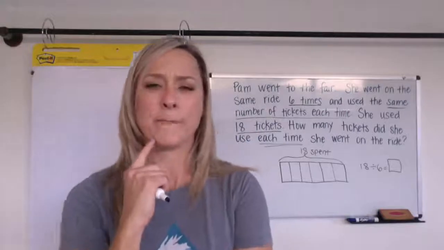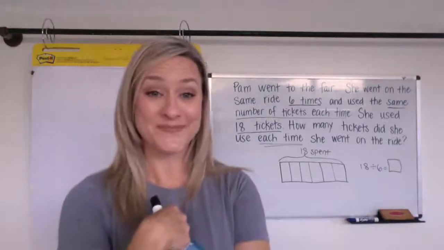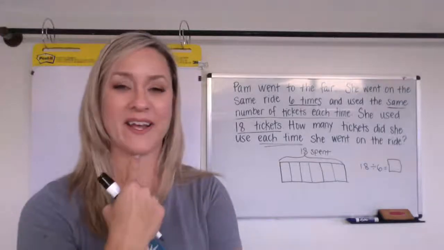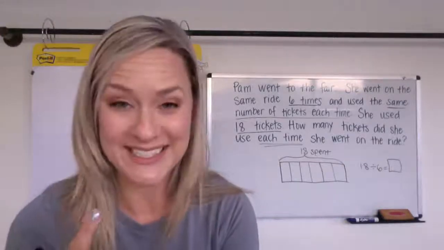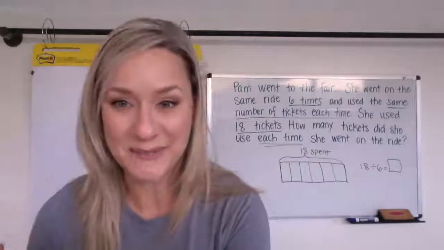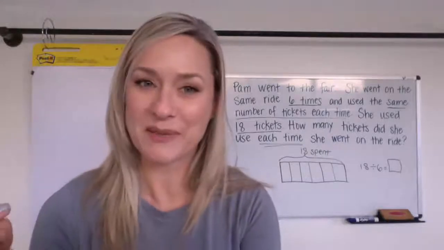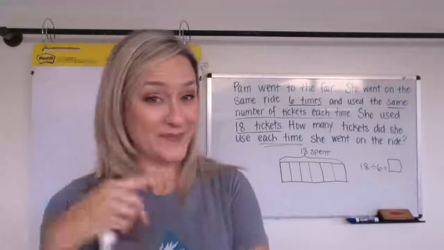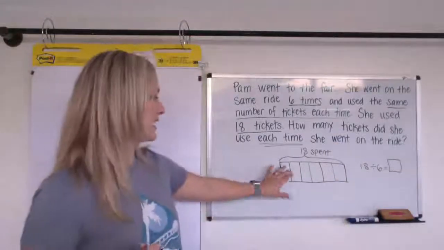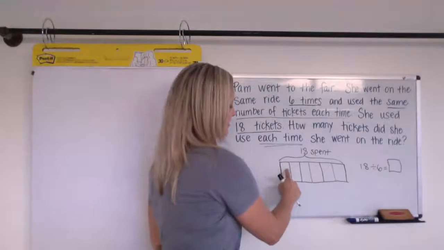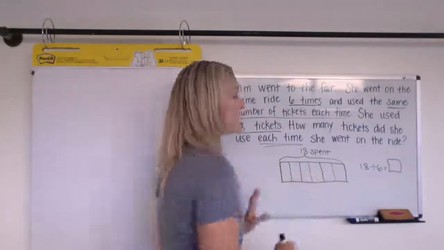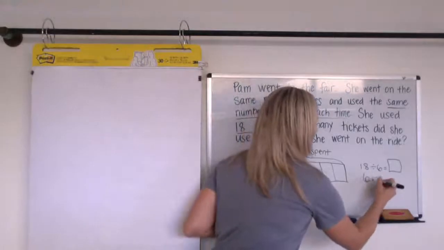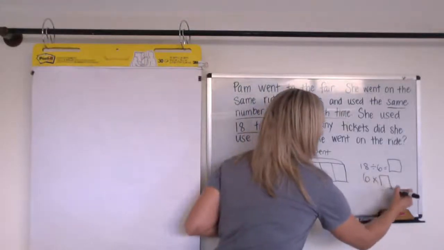But you know what? My brain is not really thinking about that. Even though that's exactly what it's showing, my brain is thinking the opposite. It's thinking in its fact family because I like multiplication better than division. Maybe not you. Maybe it's just me. So I'm thinking 6, 1, 2, 3, 4, 5, 6. 6 times what? 6 times what makes 18?